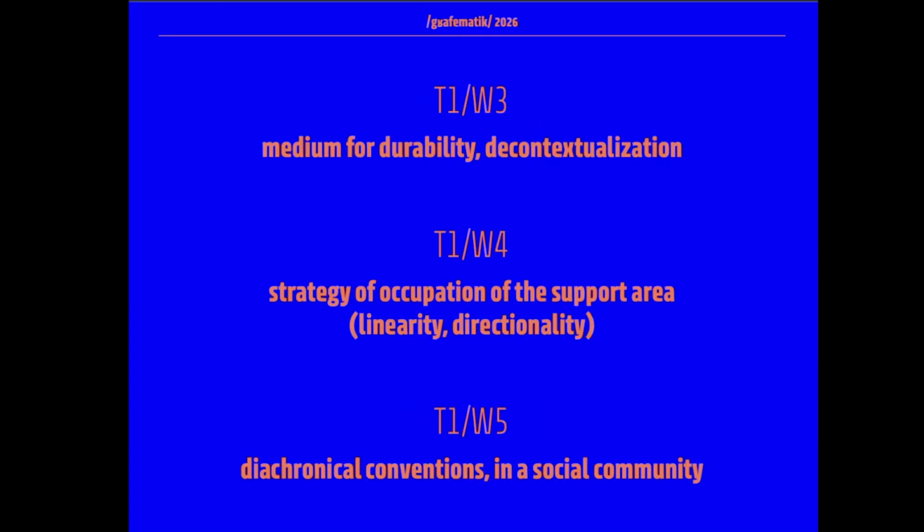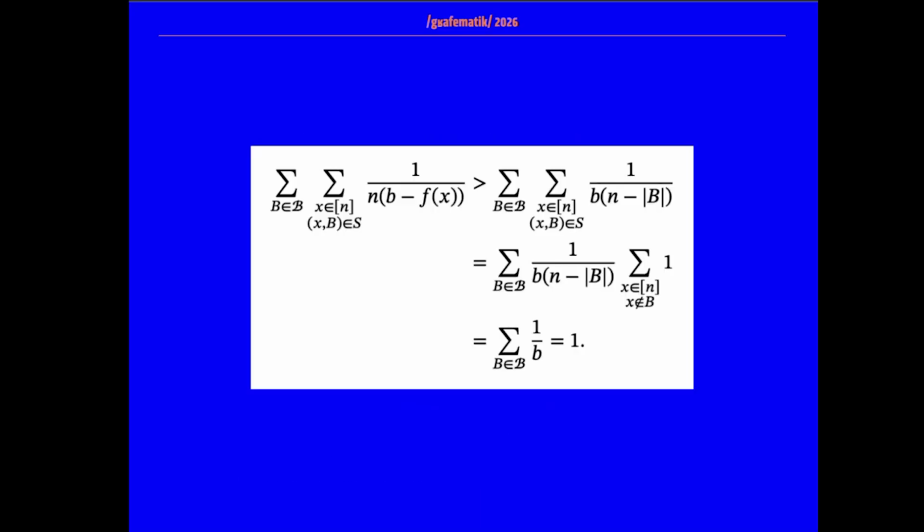Item 3, in the medium or support, physical or digital, which allows for durability and decontextualization. Item 4, with a strategy of occupation of the support area, namely linearity and directionality. And item 5, whose conventions are consolidated diachronically in a social community.